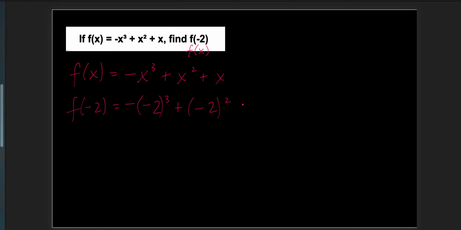So I'm plugging in negative 2 everywhere I see an x, just replacing it. Use parentheses just because there's two signs next to each other. So negative 2 is cubed, and that negative's outside here. Negative 2 is squared, so I use parentheses because we want to show that all of this negative 2 is squared. And then negative 2 here is in parentheses because there's two signs next to each other.